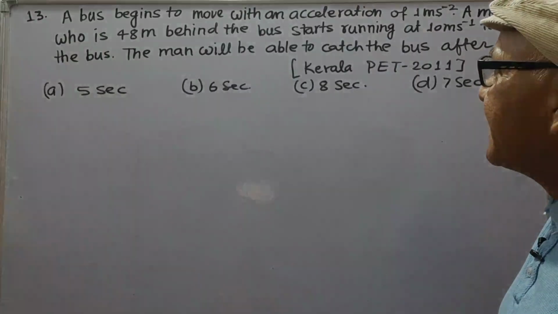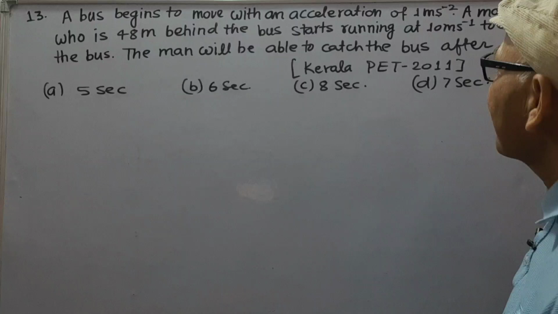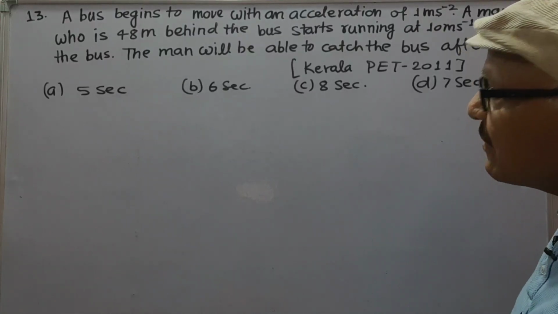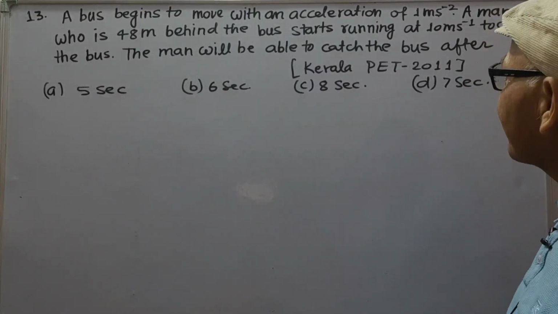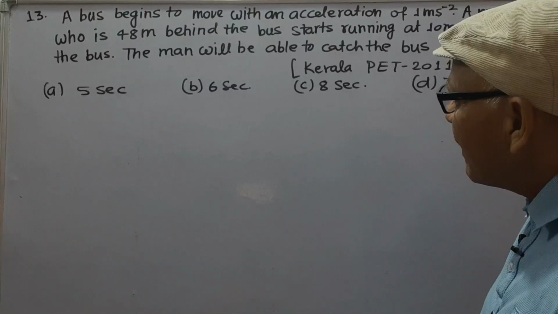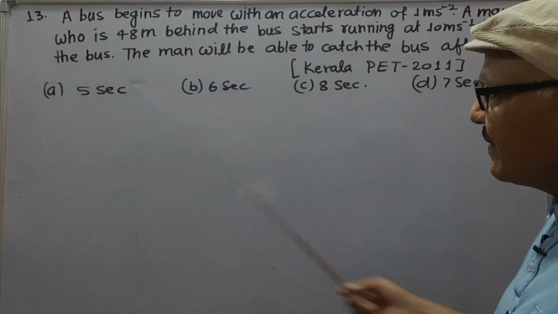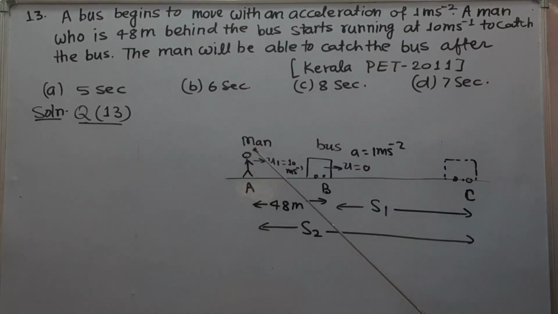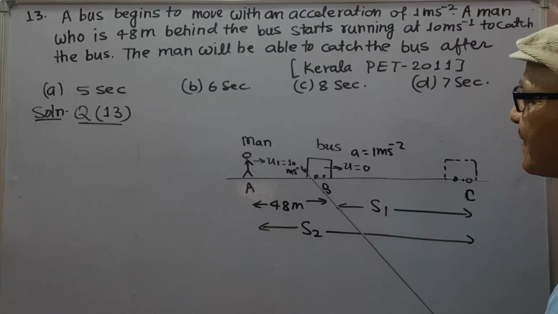Next question number 13 is, a bus begins to move with an acceleration of 1 meter per second square. A man who is 48 meters behind the bus starts running at 10 meters per second to catch the bus. The man will be able to catch the bus after, these are the options. Suppose A is initial position of man and B is initial position of bus.